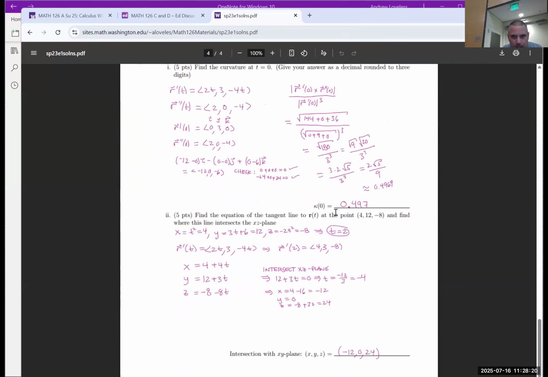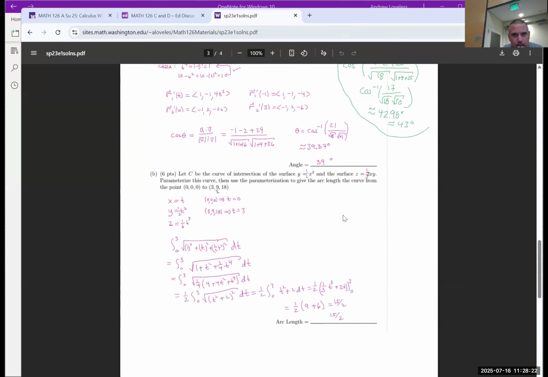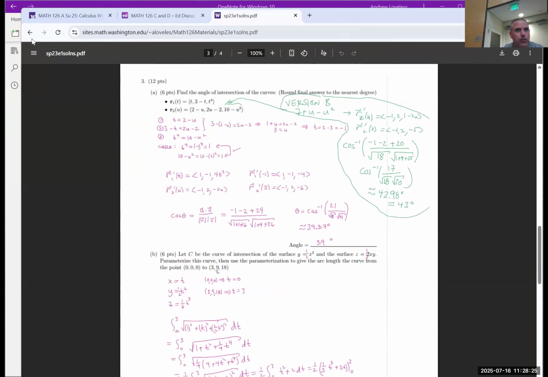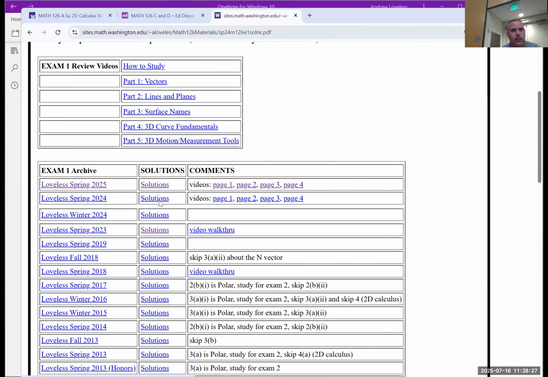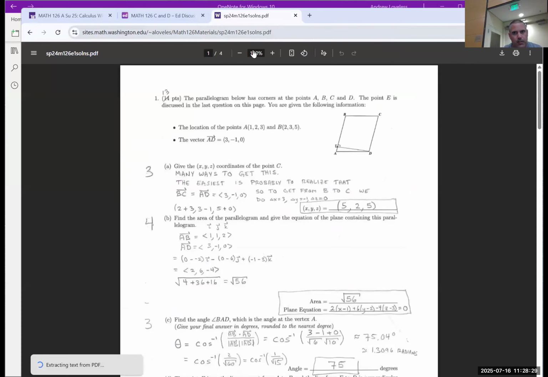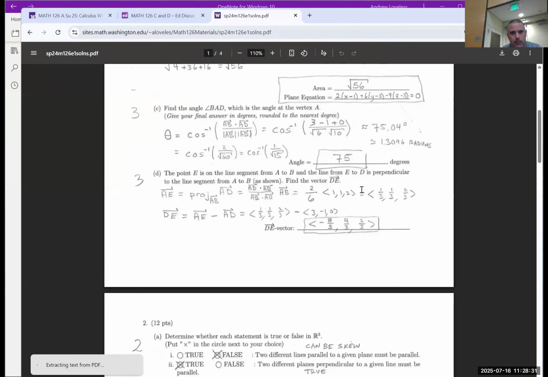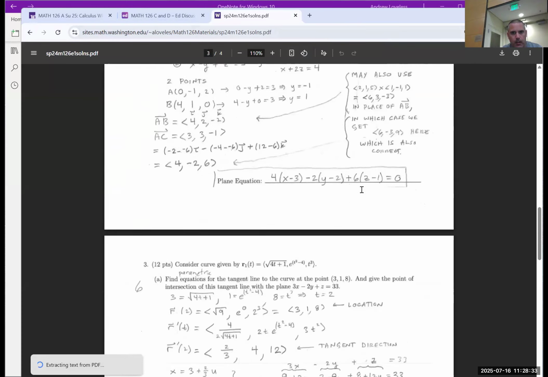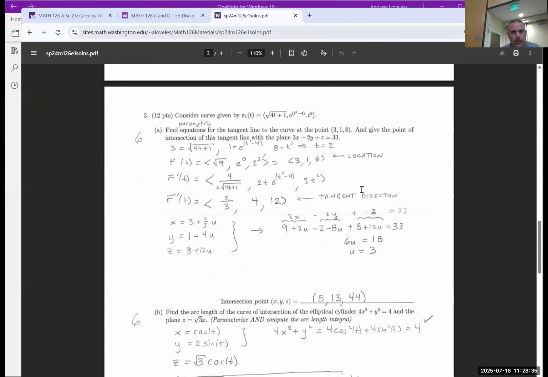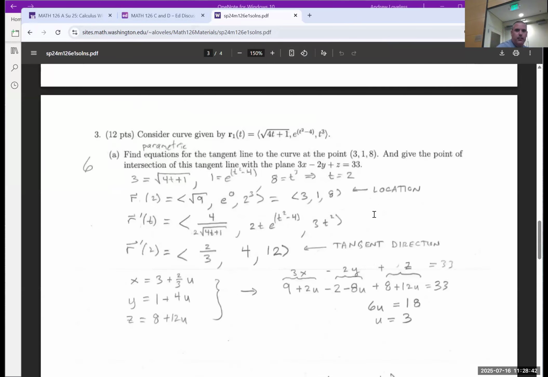It looks like, was this, am I not looking at the right exam? Spring 24. So if you want a cleaner solution, you're not going to get that during this time because I'm explaining. But this is what it looks like. So here I try to write it a little cleaner. That was worth 6 points.